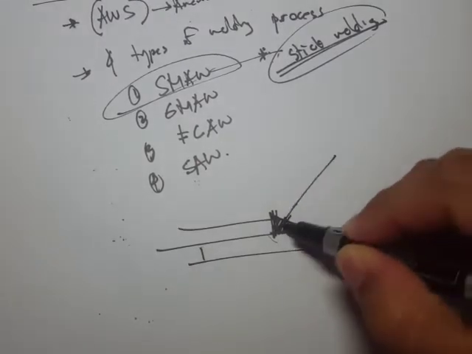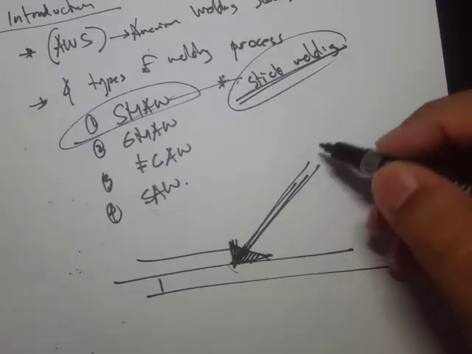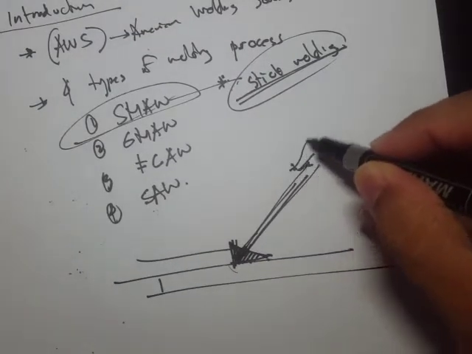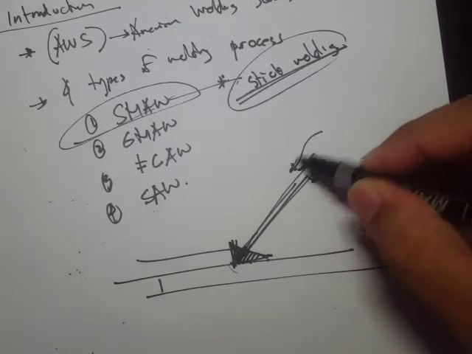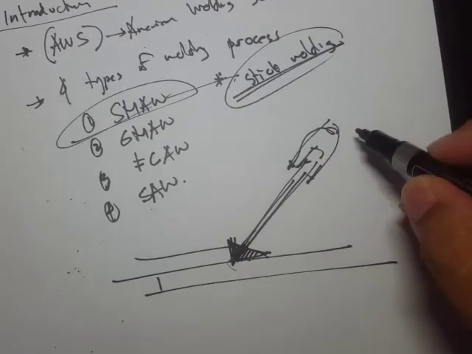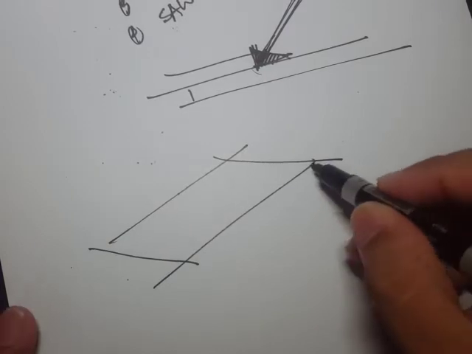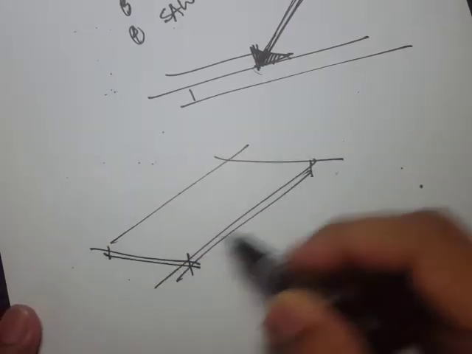To produce this weld, there's an electrode connected to an electrode holder. Or we'll draw another one here. Let's say this is a plate, this is our metal.